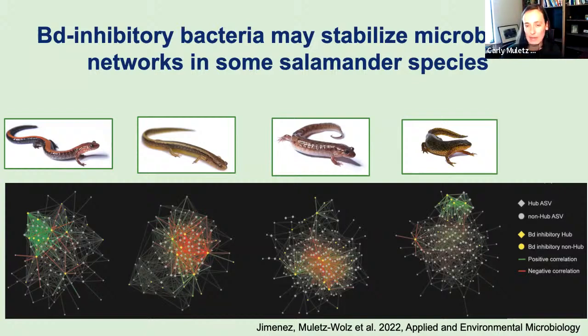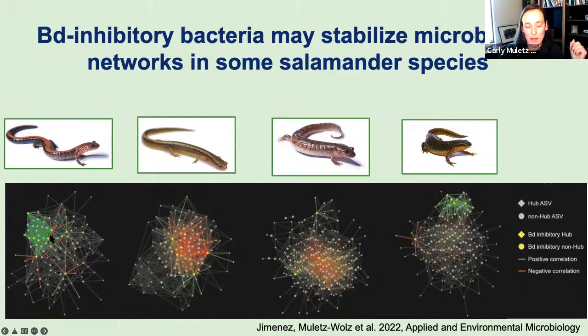What we do is look in the microbiome data for how many bacteria are always positively related to other bacteria across all the salamanders, and so we can find how many positive relationships there are. Each one of these little nodes is a bacteria. So how many times, when the relative abundance of this one bacteria increases, does the relative abundance of the other bacteria increase across all of our salamanders?